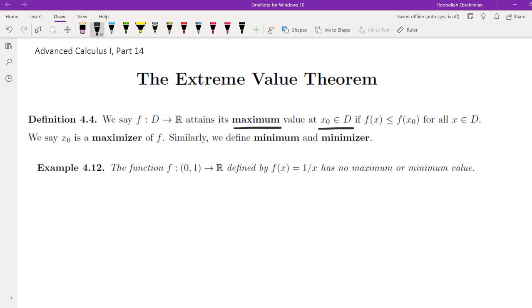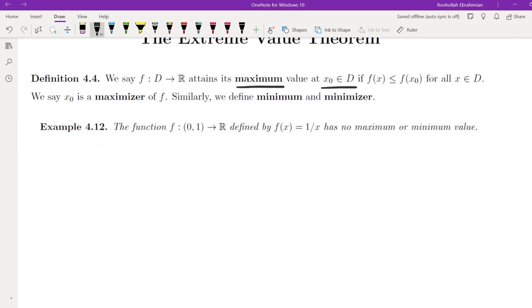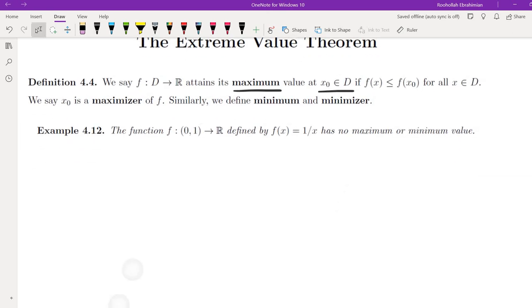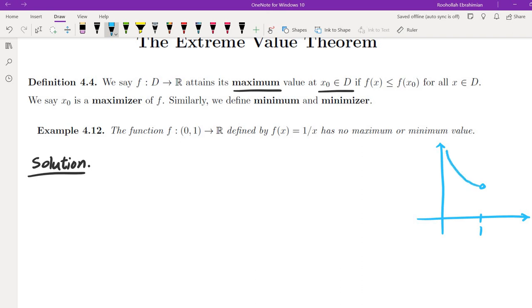So let's first start with an example of a function that is continuous, but does not have a maximum or a minimum. Consider the function f of x equals 1 over x, and I'm going to draw the diagram on the right from 0 to 1. So it starts from 1 from the right, and it is a hyperbola.